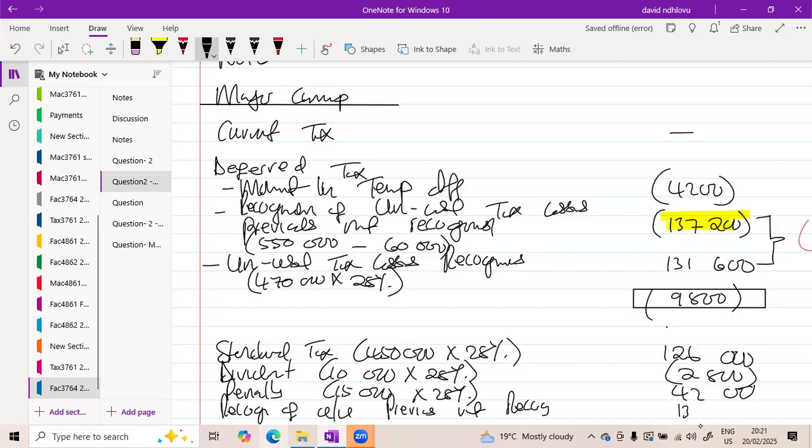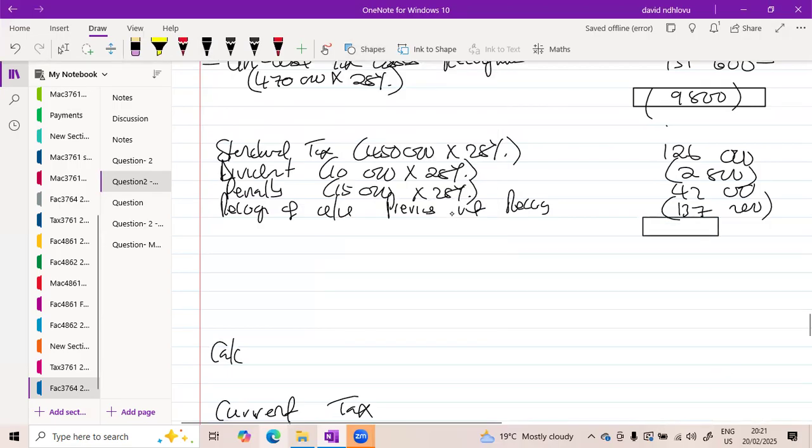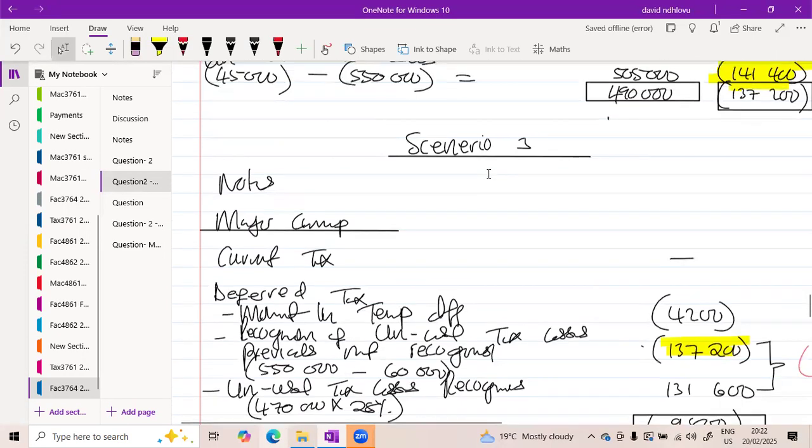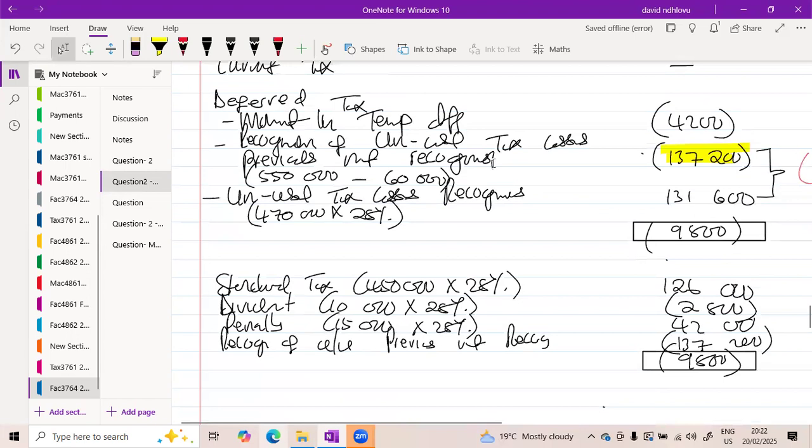So then you bring the 137,200 down. If it's a negative here, it becomes a negative there. When you close that calculation, you should get 98,000 or 9.800. And you'll be done with that reconciliation. And that will be the end of that particular question.